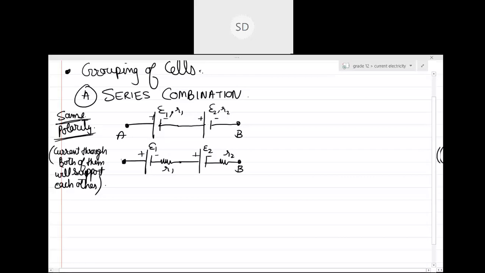So if everyone is in series, then I can do branch manipulation. I can change the position of these. Can you see E2 I am writing over here, and then R1, R2 I am writing together. Can I do this? This thing is called branch manipulation.